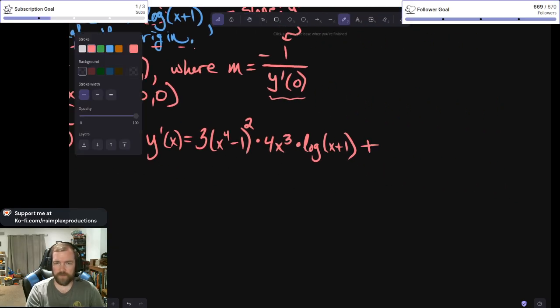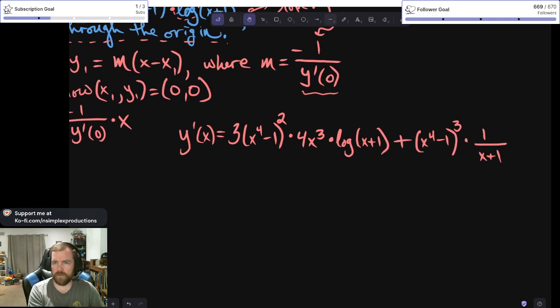Then we're now going to add, leaving the first part of the product untouched, so (x to the fourth minus 1) all raised to the third, multiply by the derivative of natural log of x plus 1, and that's going to be 1 over x plus 1, multiply by the derivative of the inside of x plus 1, which is just dx, which again becomes dx over dx, it's just 1.